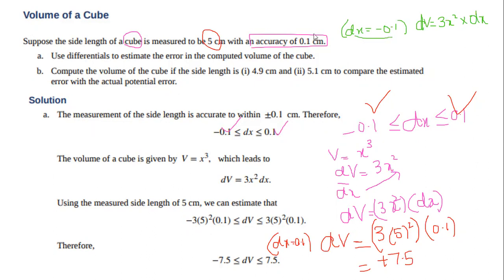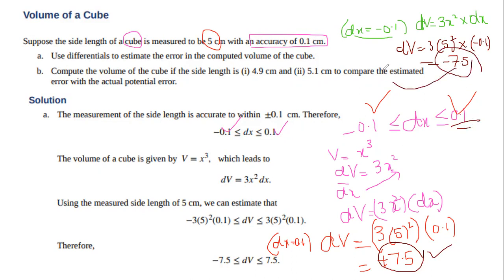I will put the value dv equals 3, x is 5, and d of x is negative 0.1. So this value is negative 7.5. So this is positive 7.5 at d of x equals 0.1, and this is negative 7.5 at d of x equals negative 0.1.